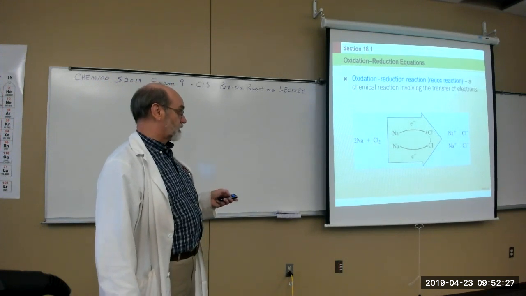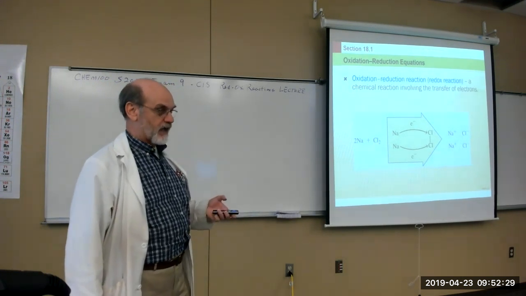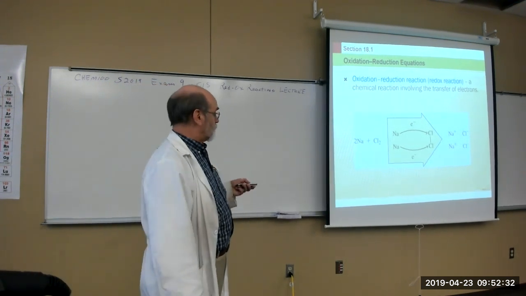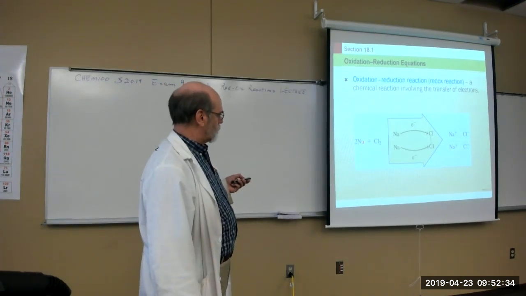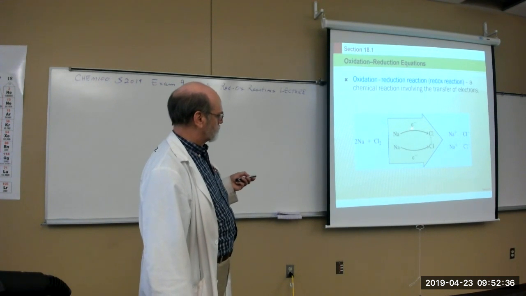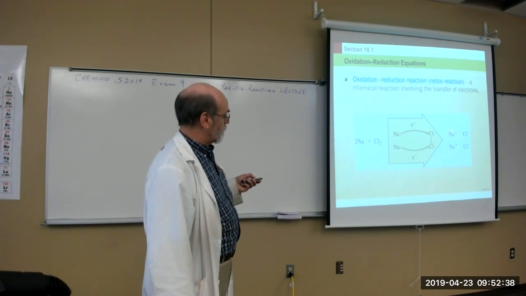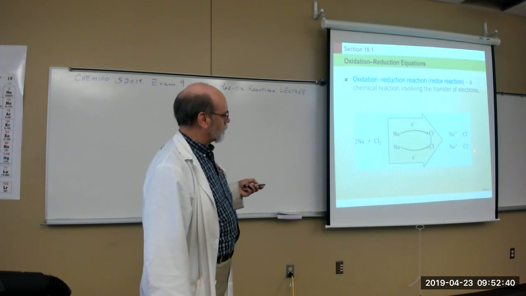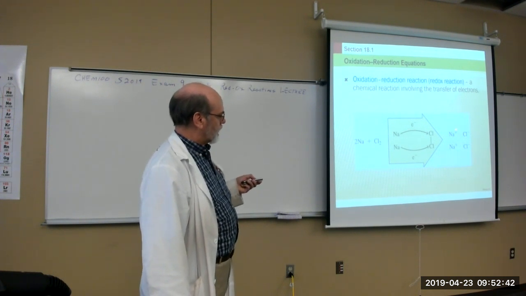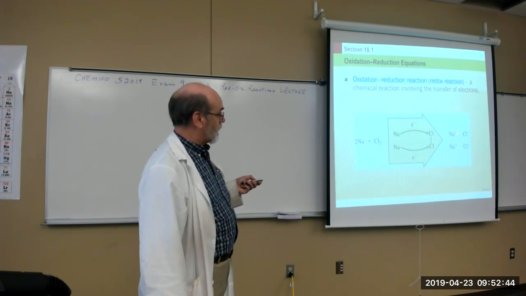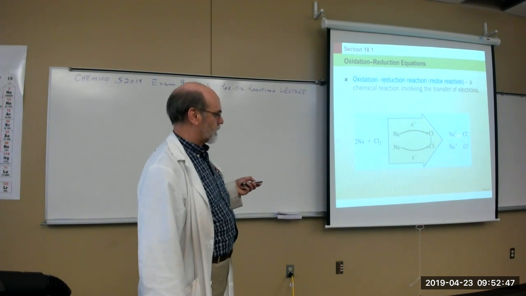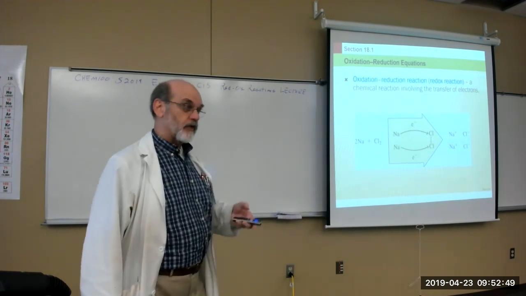And when you do that, by the way, it's a very violent reaction. But the electrons are transferred from sodium to the chlorine. And that's why the sodium chloride, or table salt, ends up with sodium ions with a +1 charge and chloride ions with a -1 charge, because we've transferred electrons.